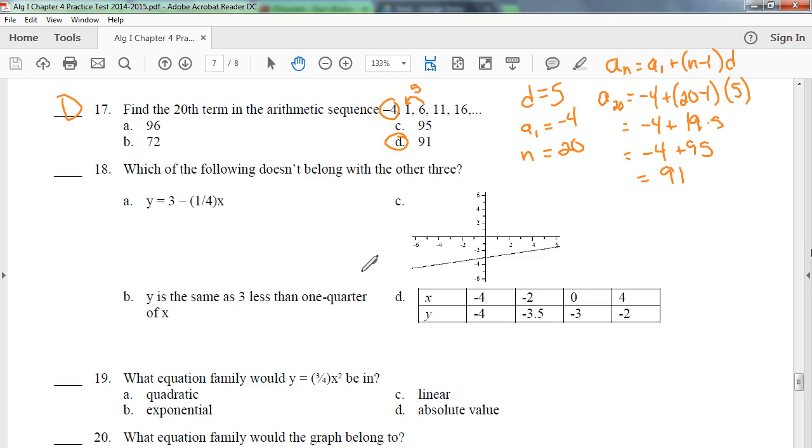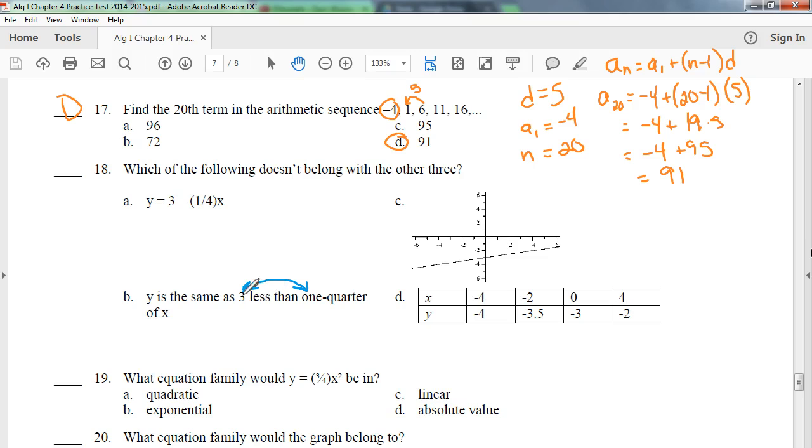Number 18, which of the following does not belong with the other three? y equals 3 minus 1/4 x. y is the same as 3 less than 1/4 of x. We have this graph and we have this table. Well, if you were paying attention as I read the answer choices, you might notice that A and B actually can't represent the same quantity, because if you remember, less than is a turnaround phrase.